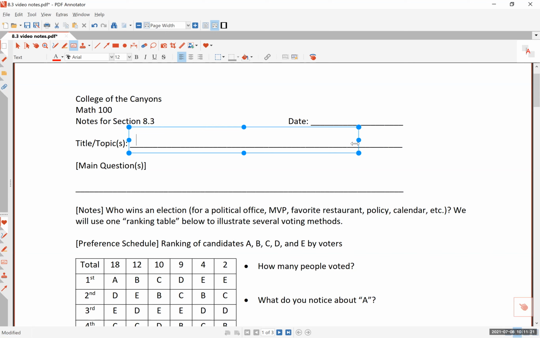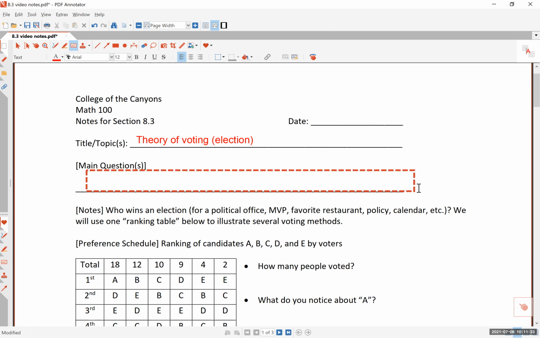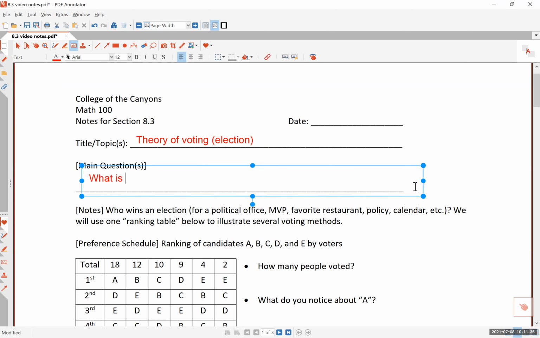So section 8.3 is about the theory of voting and election. The main question here is: what is the fairest way to choose the winner in an election?